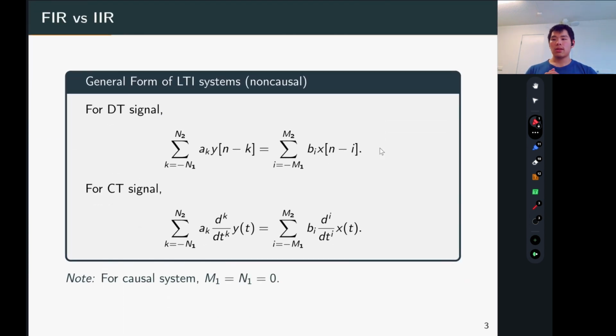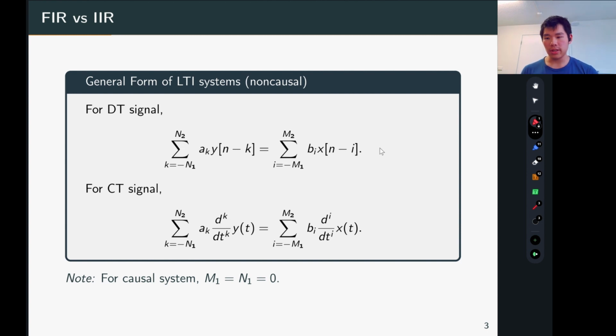So before we dive right in, let's recall the general form of the LTI system, the linear time invariant systems. It is for a non-causal system. So for DT signals, we have the sum from minus n1 to n2, where they are both positive integers, of a of k, which is the coefficient of y of n minus k, and the same thing happening for the x of n minus k.